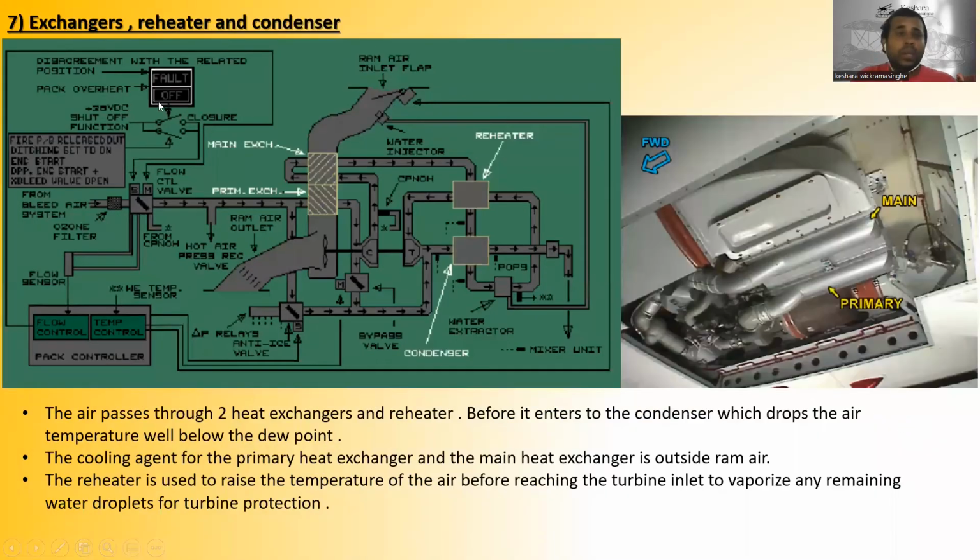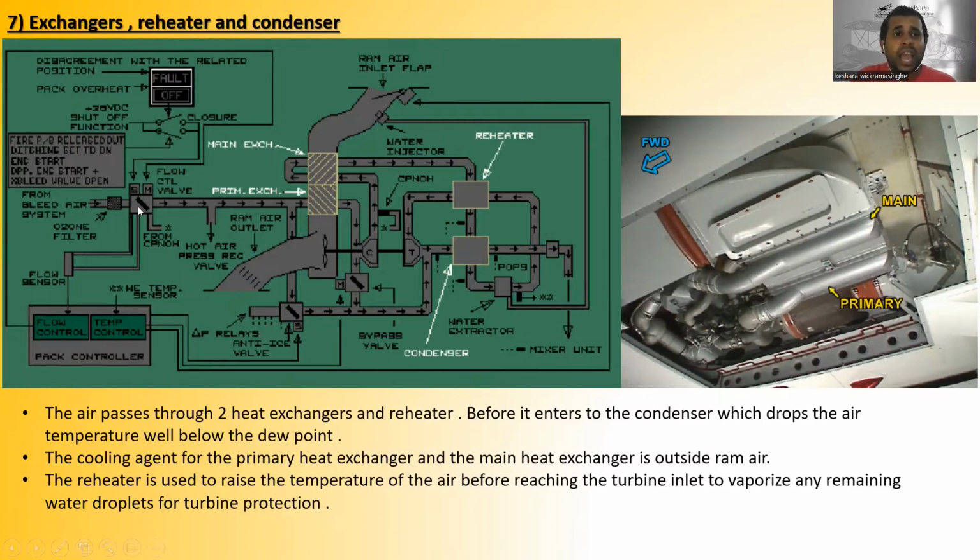All right. Okay, so now heat exchangers, reheaters and condensers, right? These are the exchangers: the primary heat exchanger, the main heat exchanger, and the reheater and condenser. In the previous lesson, I taught you how the flow is going. Here the flow is coming from the bleed air system.